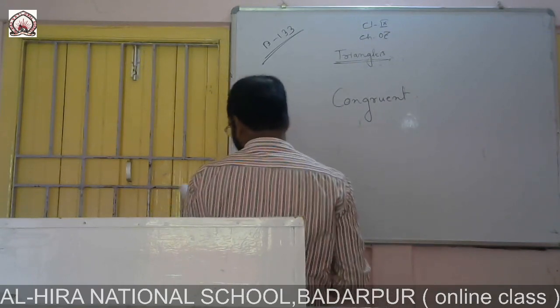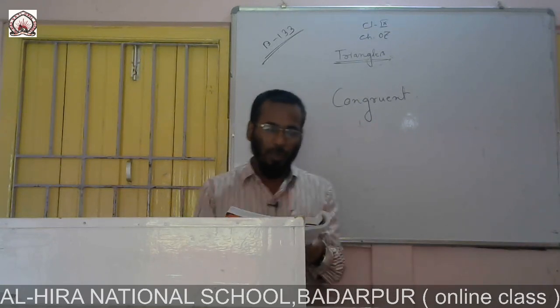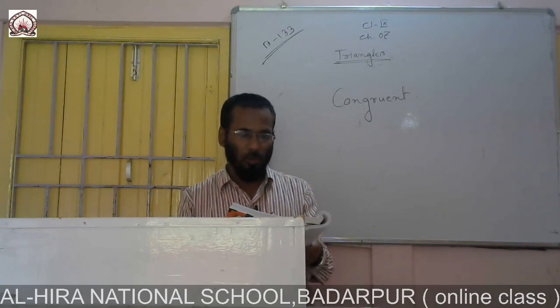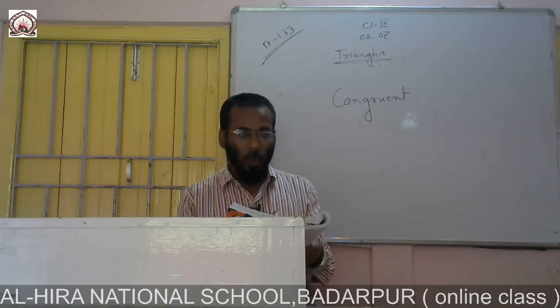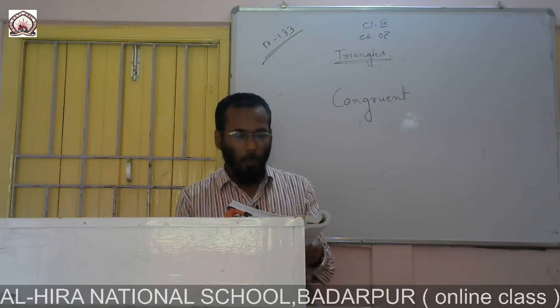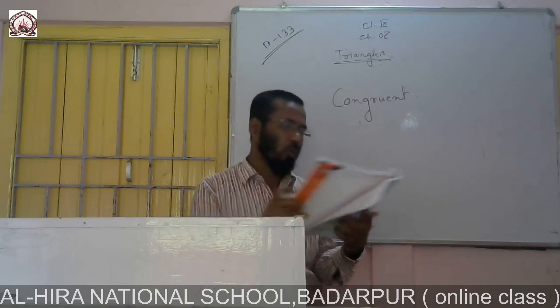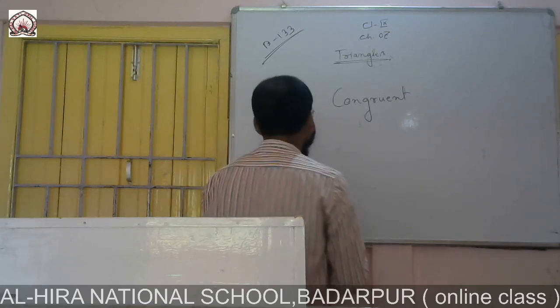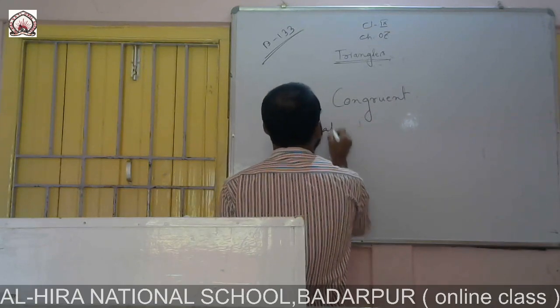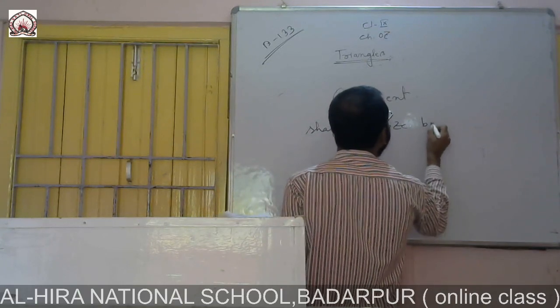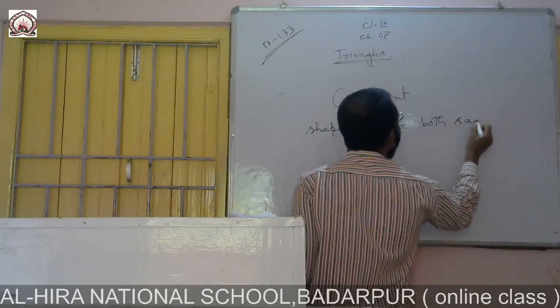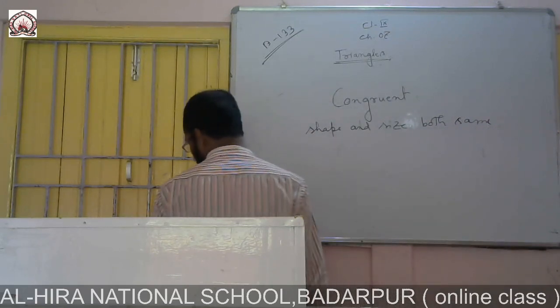Two figures are said to be congruent if they are of the same shape and the same size. Congruent means equal in all respects, or figures whose shape and size are both the same. This is called congruent figures.